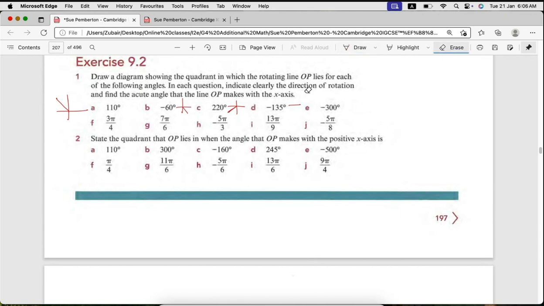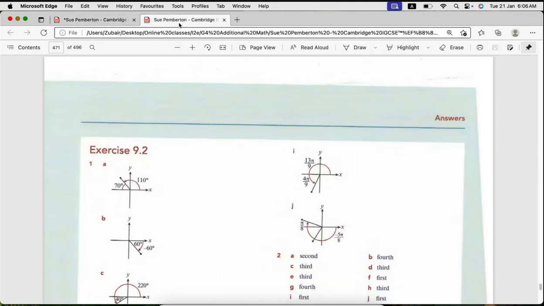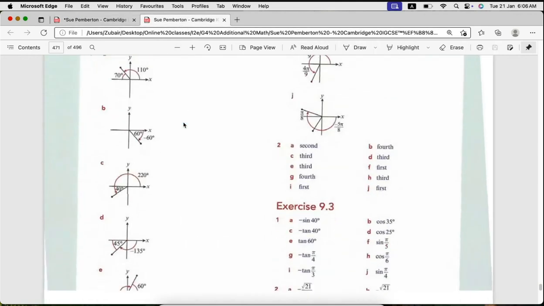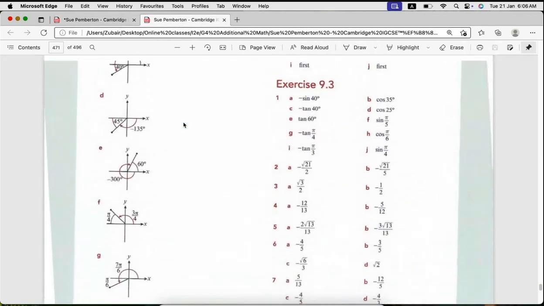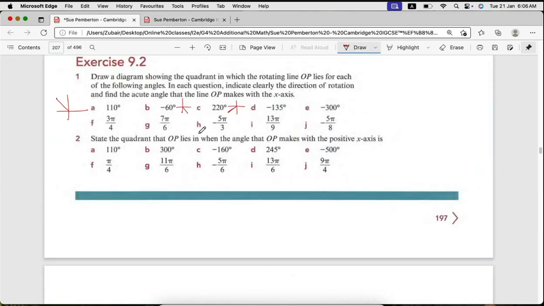Try these last two, 135 and minus 135 and minus 300. We have them drawn out, yes. So minus 135 would be in the negative direction, so it would be like after the 360 line, beyond the 270 line.